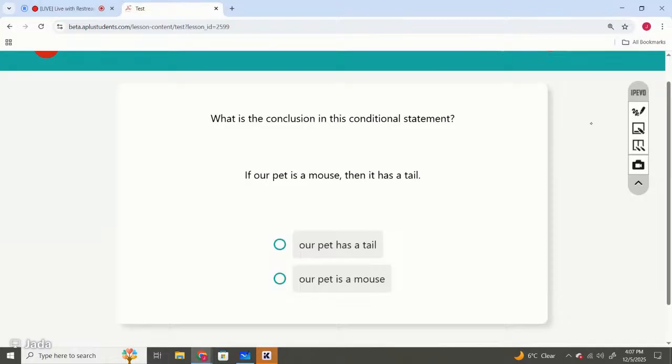What is the conclusion in the conditional statement?